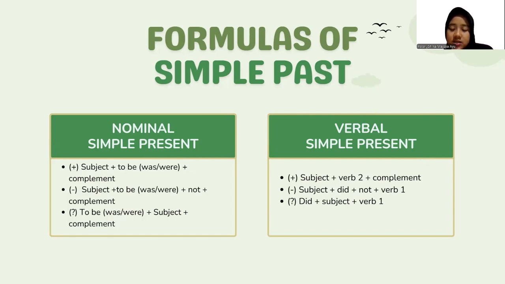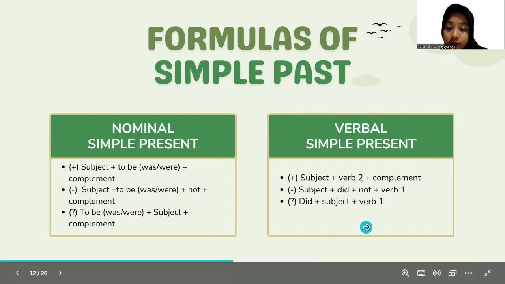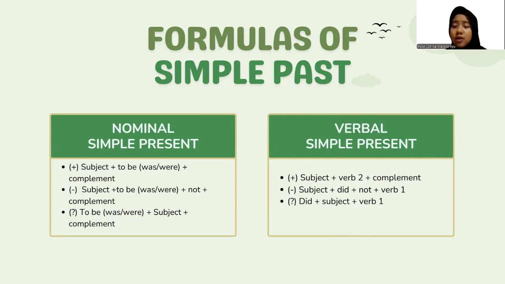First, the positive, subject plus verb in second form, and then the complement. And for the negative, we have subject plus did plus not plus verb one. So the verb goes back to the verb one form. And the last, the interrogative form, did plus subject plus verb one. And don't forget the question mark at the end of the sentence, okay?